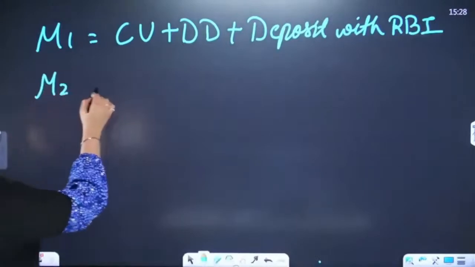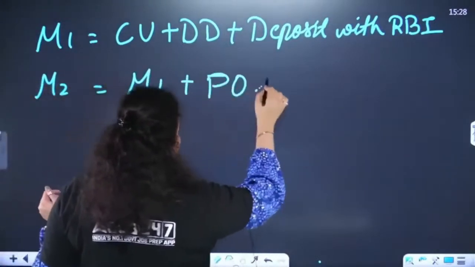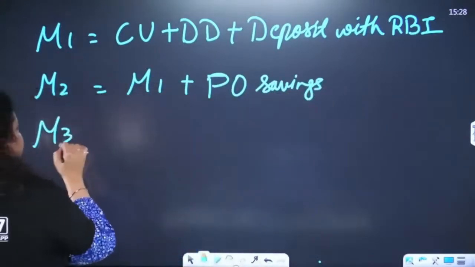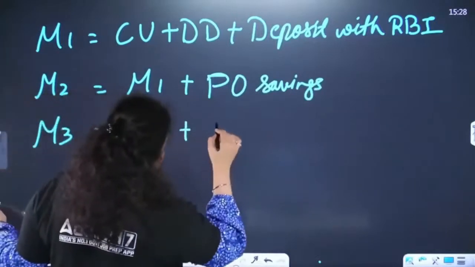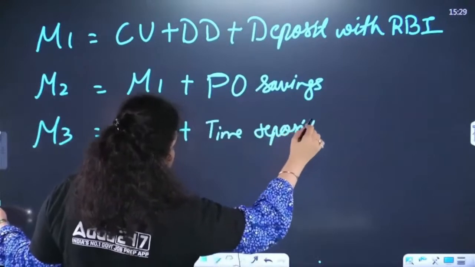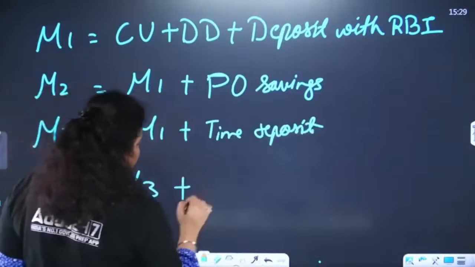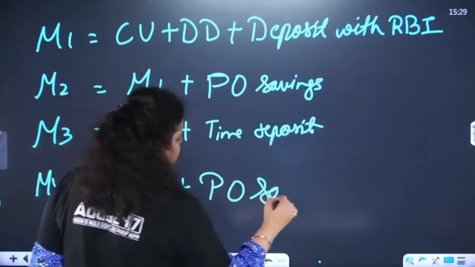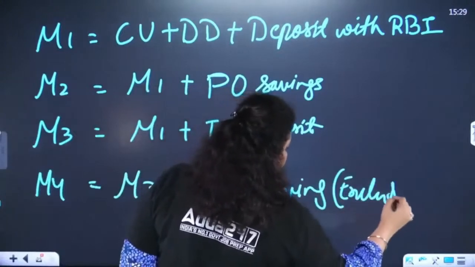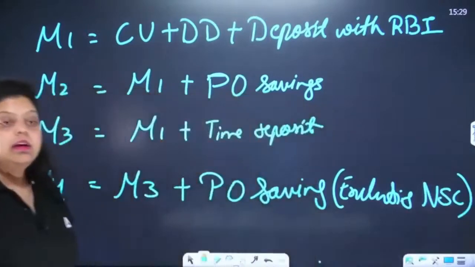M2 is M1 plus post office savings. PO savings means post office savings. M3 is M1 plus time deposit. I will explain all these, don't worry about it. And M4 is M3 plus post office savings, but excluding national savings certificate, right?